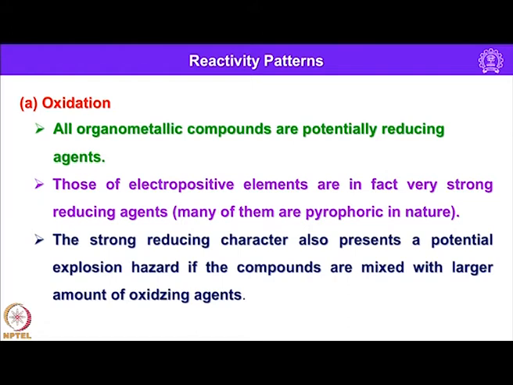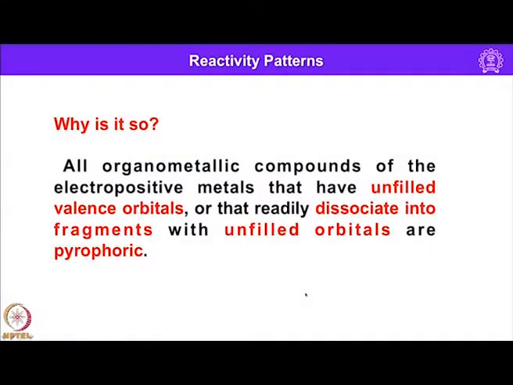Those of electropositive elements are in fact very strong reducing agents and many of them are highly pyrophoric in nature. The strong reducing character also presents a potential explosion hazard if the compounds are mixed with larger amount of oxidizing agents. One has to be very careful and one should understand the nature of the reagents that are used in such reactions, so that any such explosion or any unwanted accidental reactions can be avoided. So, why these compounds are very reactive?